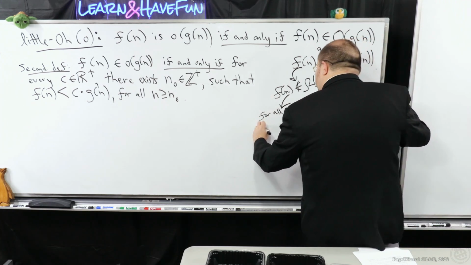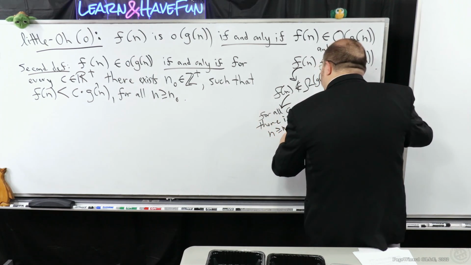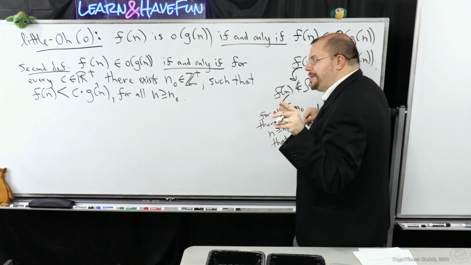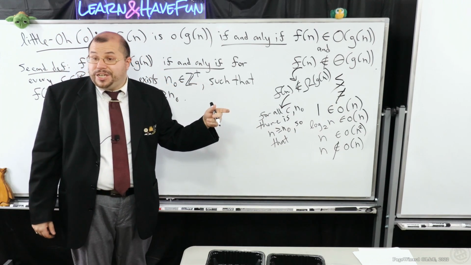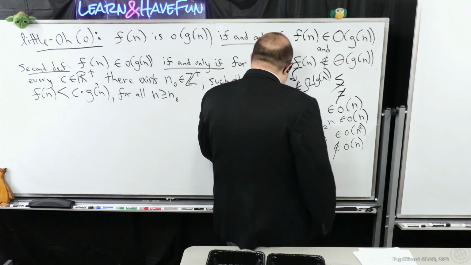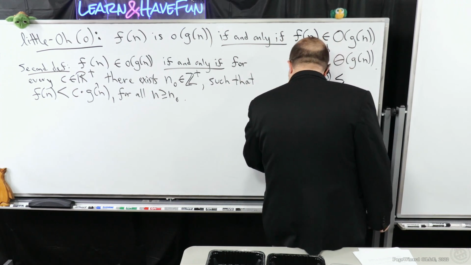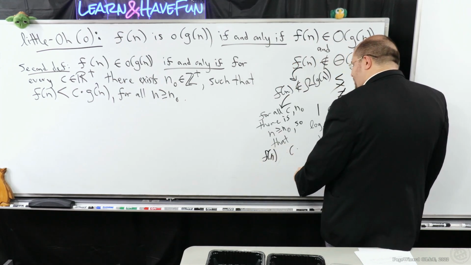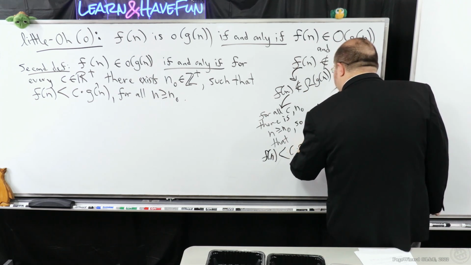There is an n greater or equal to n0 so that, and remember in the big omega definition, f of n is greater than or equal to c times g of n, correct? So if I negate that, f of n is not greater than or equal to c times g of n. Remember, it's greater or equal for the original definition, so it flips like this. It's strictly less than c times g of n.